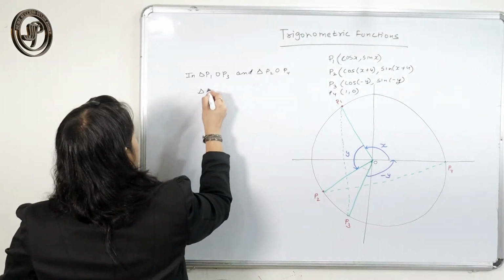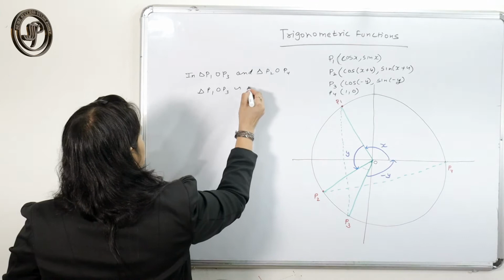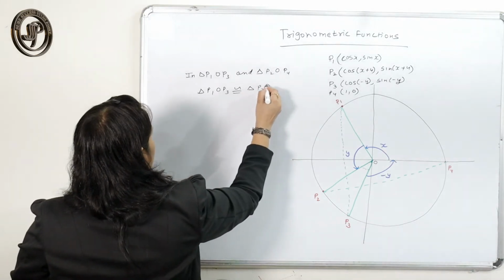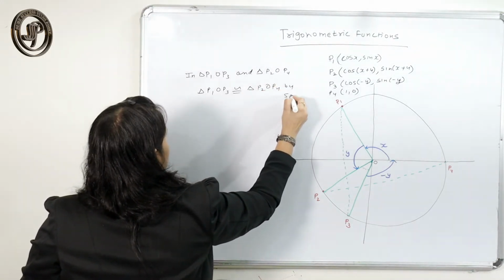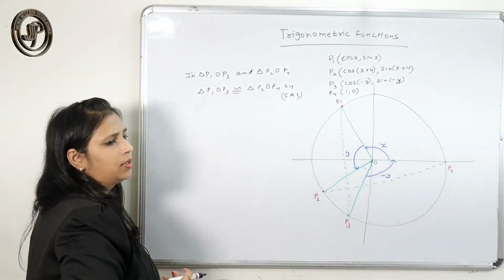You can make these two triangles congruent by SAS. How SAS?